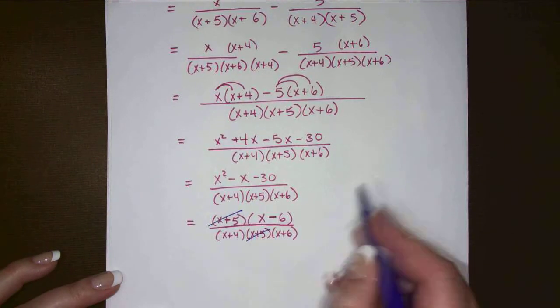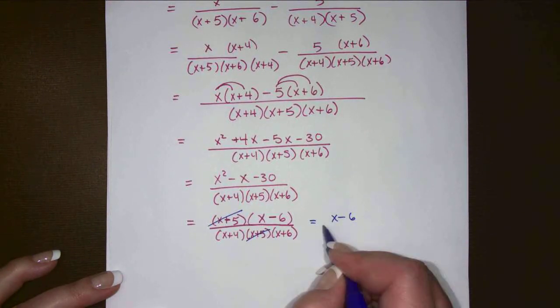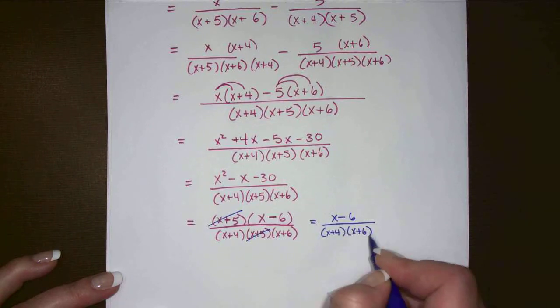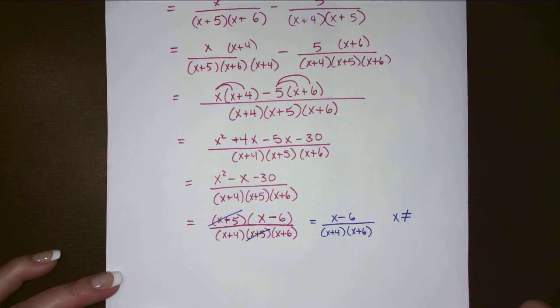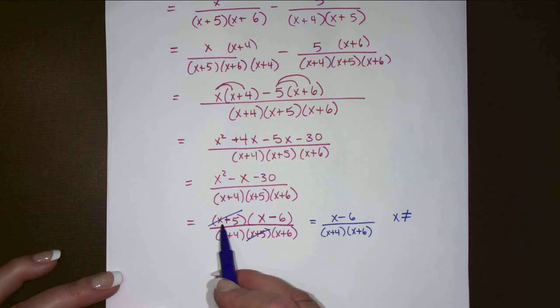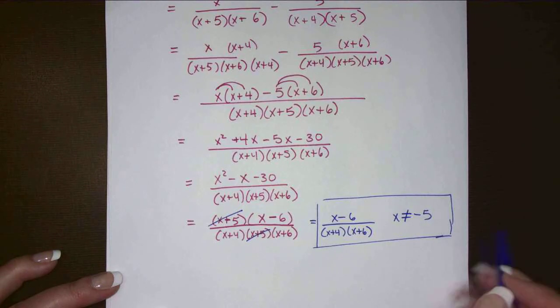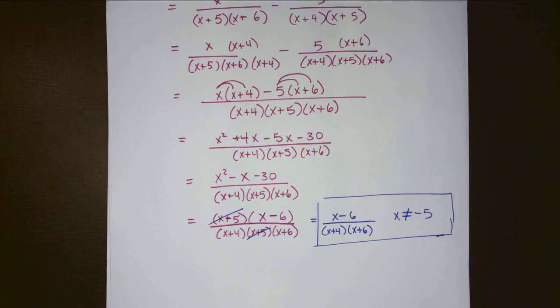X plus 5. Does the x minus 6? No. And the restriction? Yeah, what makes that 0? The one we crossed off would be a negative 5, so x cannot be negative 5. So you can do that whole section now.